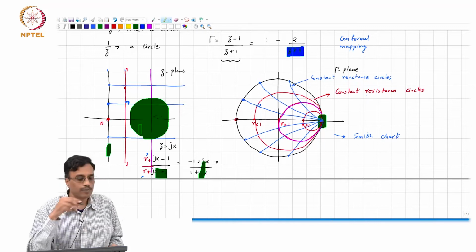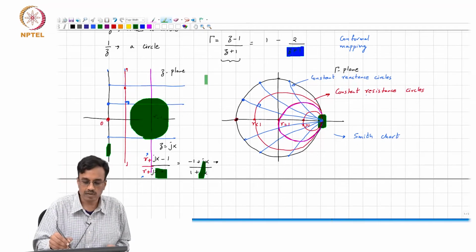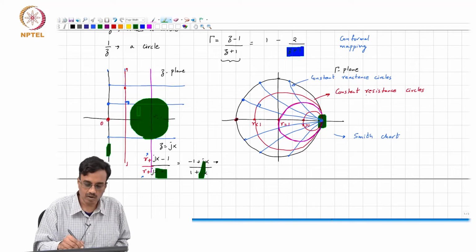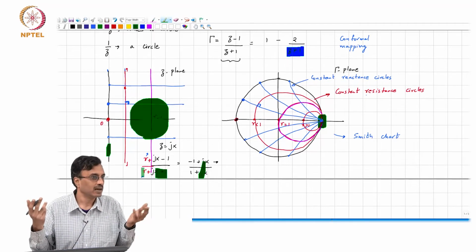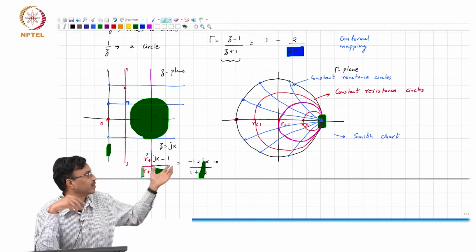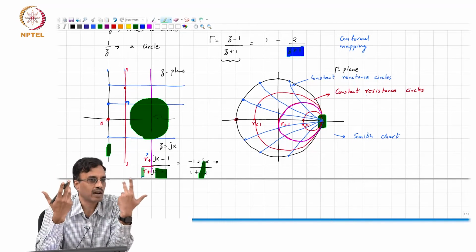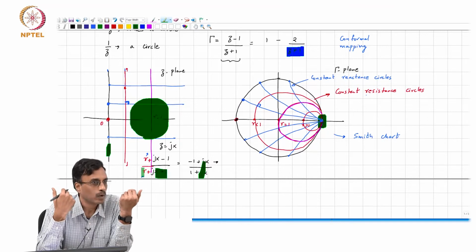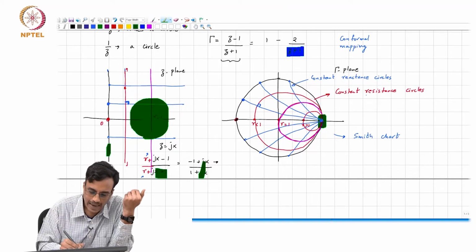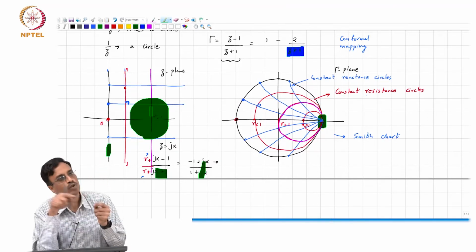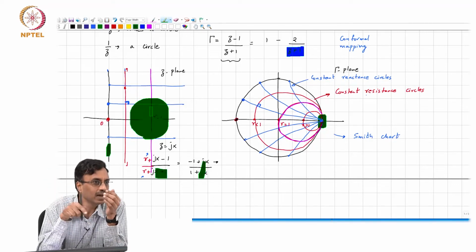If you have an amount of space to show an impedance, all the action is here, but most of the space is simply getting wasted, showing parts of the z plane which are not really relevant. And if you want to calculate the reflection coefficient, every time you need to do z minus 1 by z plus 1.